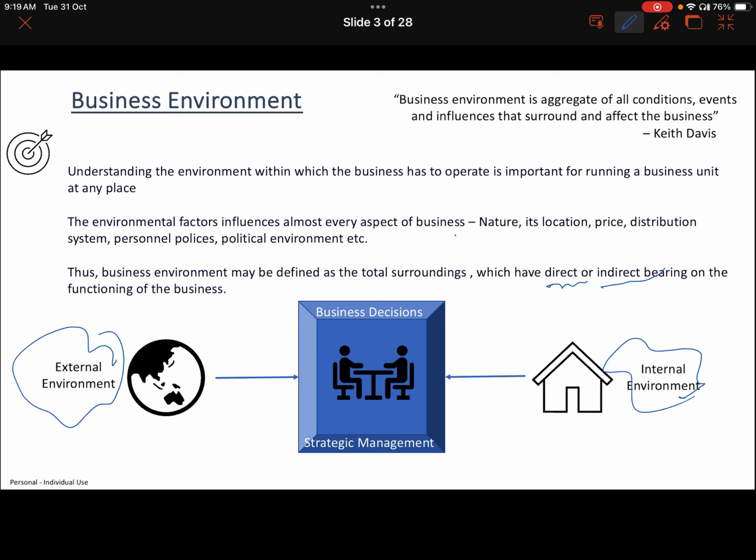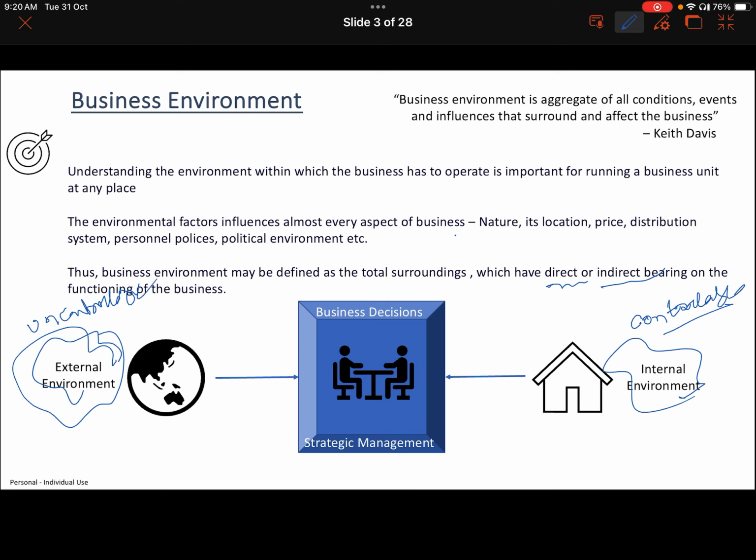Internal environments are controllable environments. We can call it a controllable environment because it is all about the company's capability. So this can be managed by the company. If there is a lack of resources in the company, the company can hire quality resources. But the external environment is an uncontrollable environment.